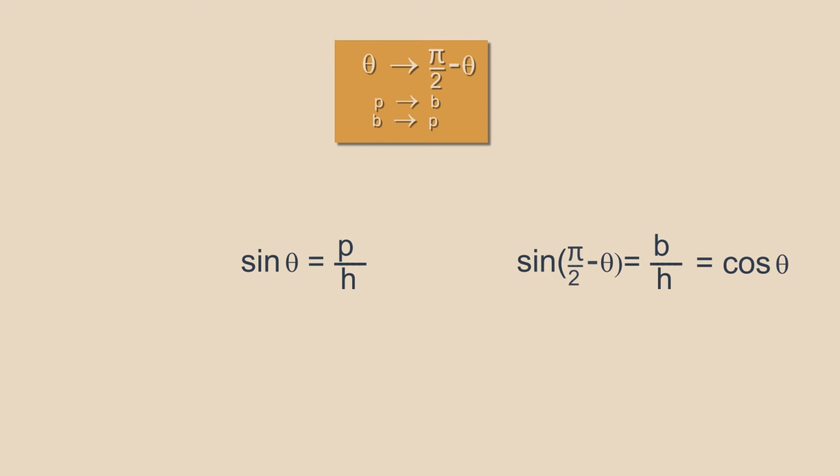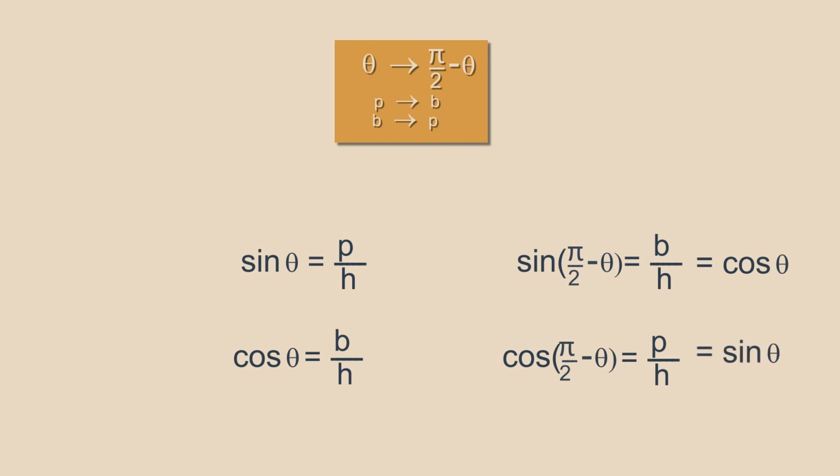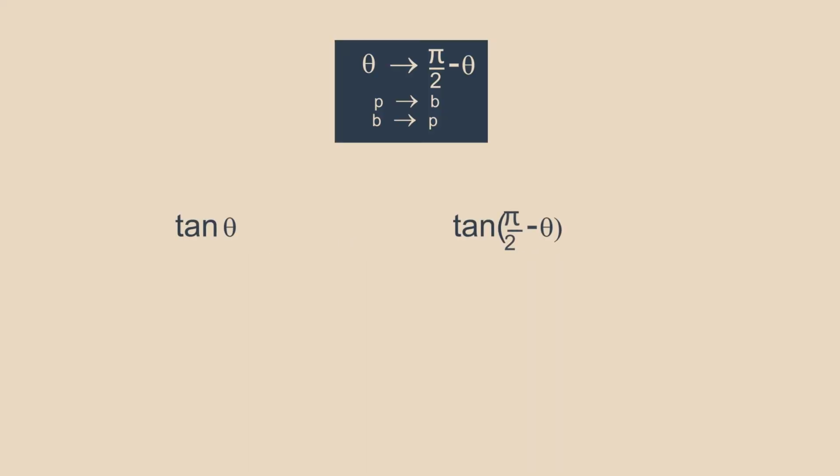Similarly, if we want to find the relationship between cos theta and cos pi by 2 minus theta, we will again replace b with p and get this as p by h, which we know is sin theta. For tan pi by 2 minus theta, we will replace p with b and b with p to get b by p. This is cot theta.